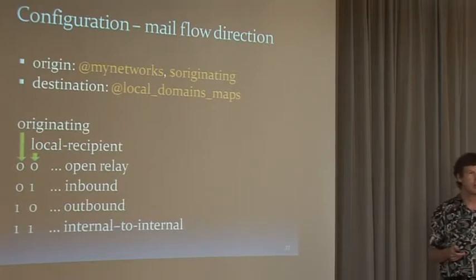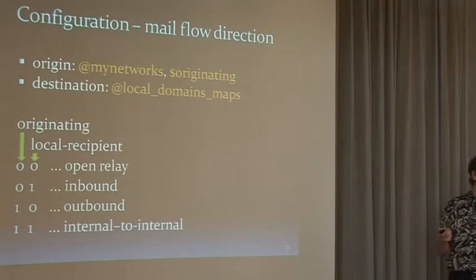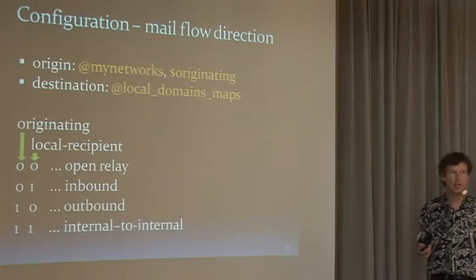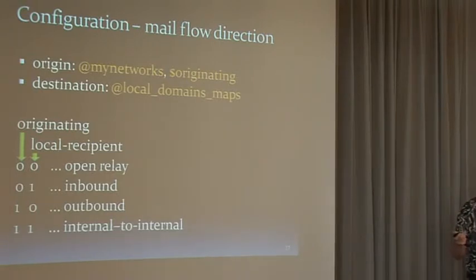Is it yours or is it outside? So this is one thing to prevent running an open relay. So you have to know if the mail is originating from your own users, and whether it is going to outside or going to internal users.